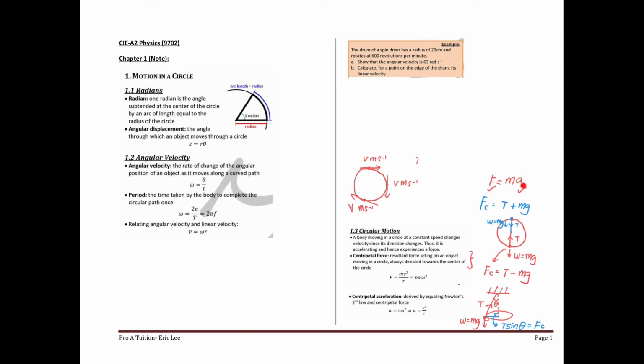So this is called centripetal acceleration. So remember that centripetal acceleration, same like centripetal force, its direction is acting towards the center of circle as well. So that is centripetal acceleration.